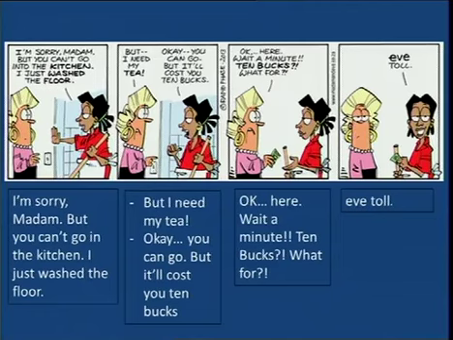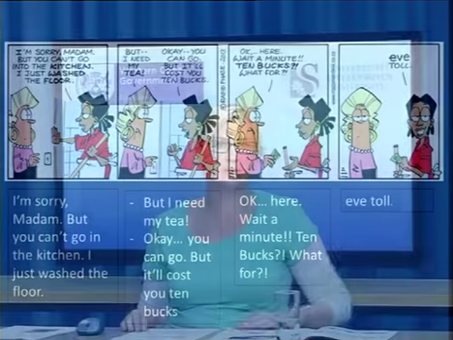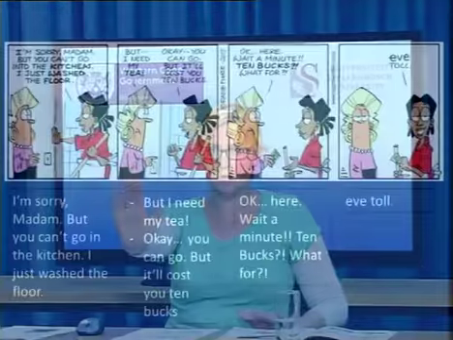Now, this is also a form of satire because we're making fun of something that has been in the news over and over again for the past few months, and those are the e-tolls. So if you know about that, then you'll be on top of things to answer questions in this cartoon. But the important thing is you need to look at the pictures. Eve is clearly stopping madam.